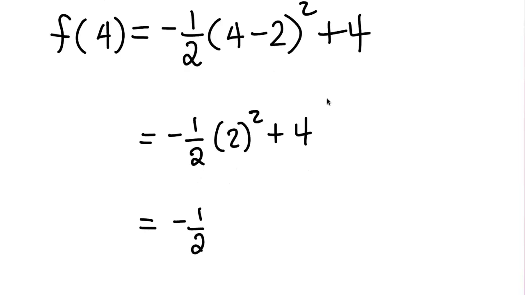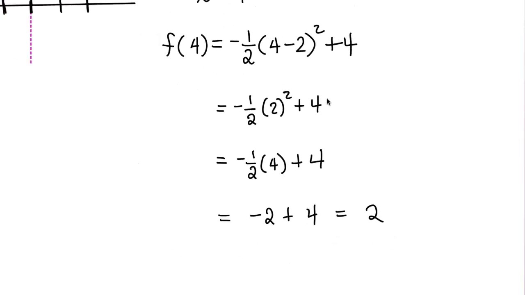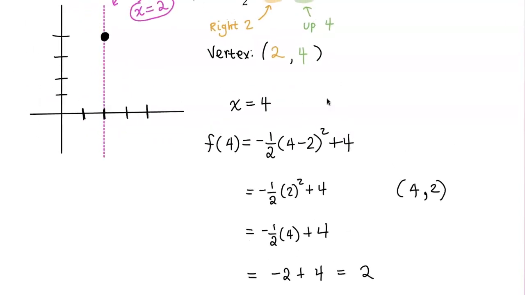That's -1/2 times 4 plus 4. And -1/2 of 4 is -2. So the y value comes out to be 2. So we are going to plot another point at (4, 2). Go 4 to the right, go up 2, and plot a point.